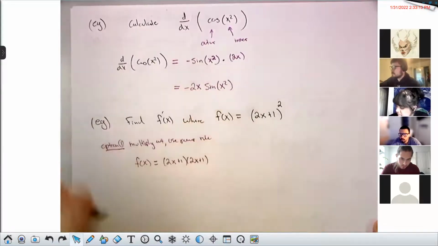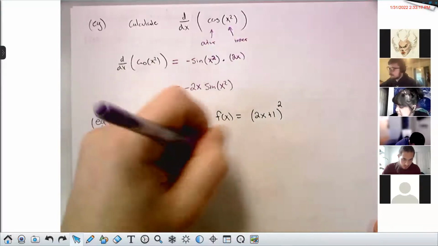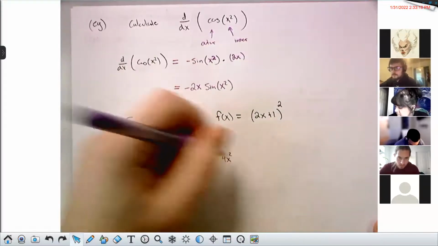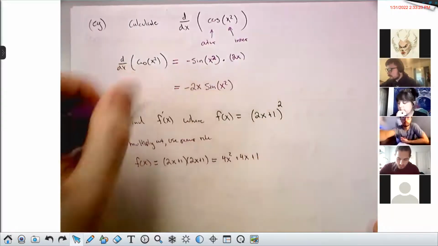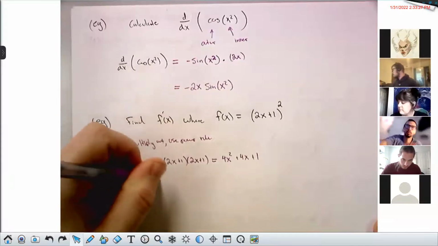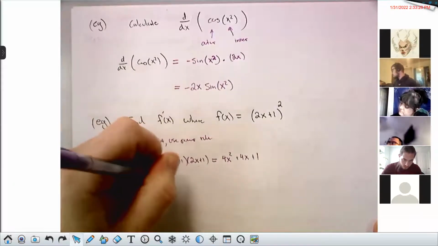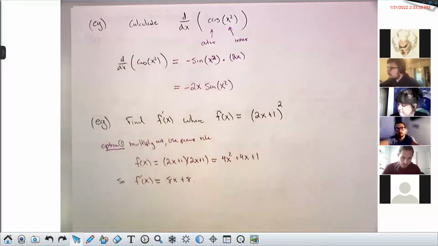I suppose you could use the product rule here if you wanted. But if you just distribute everything, that's 4x squared plus 4x plus 1. So f prime by the power rule would be 8x plus 8. Not too bad.